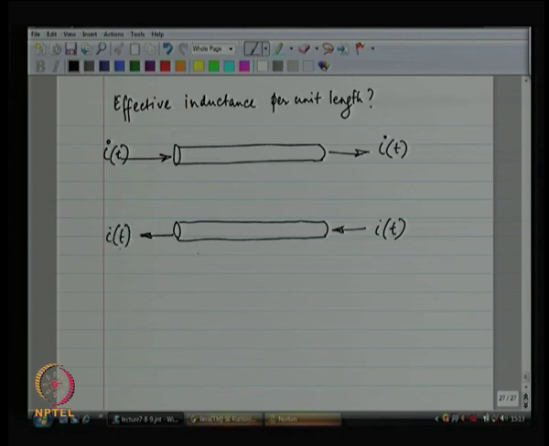So, I am pushing this current through this wire, and the same current is going to loop around and come back through the other wire, and we are going to consider this system where these two pieces of wire are parallel to each other and are of equal length, etc.